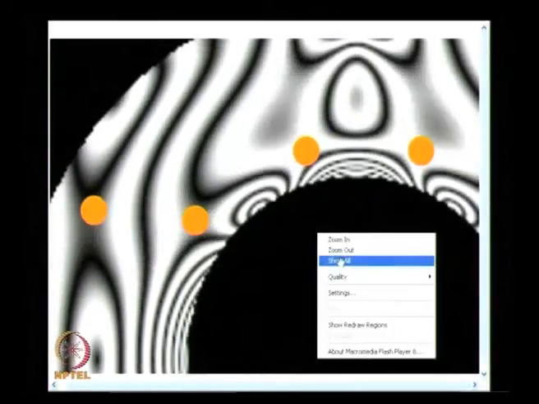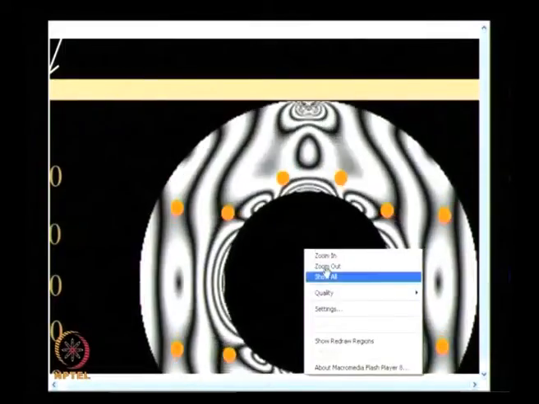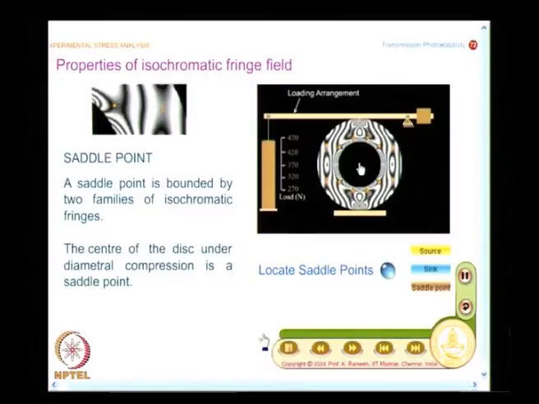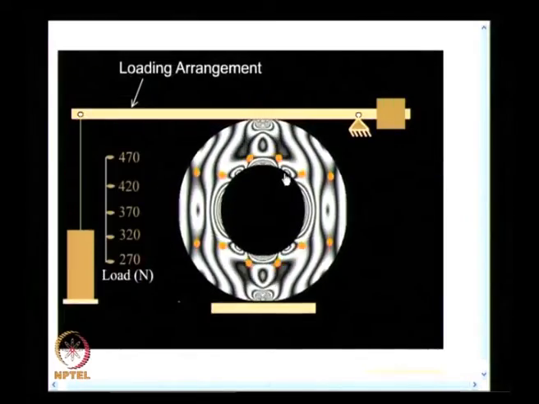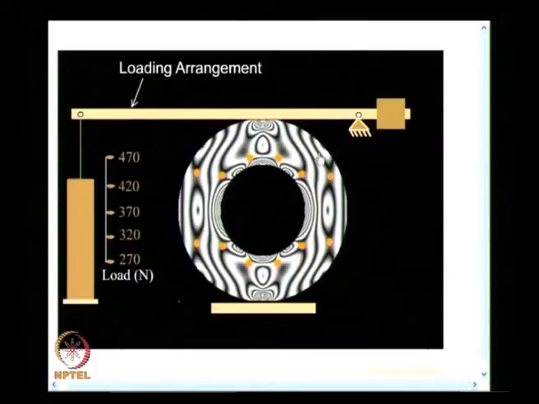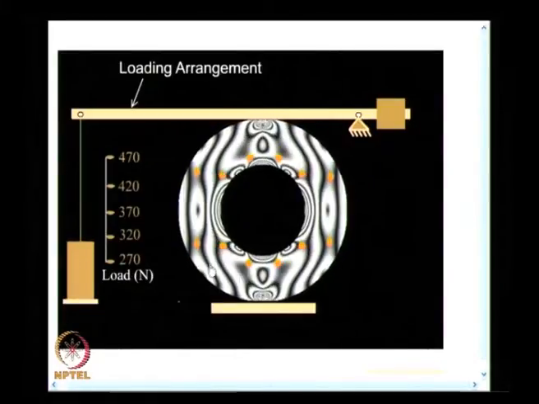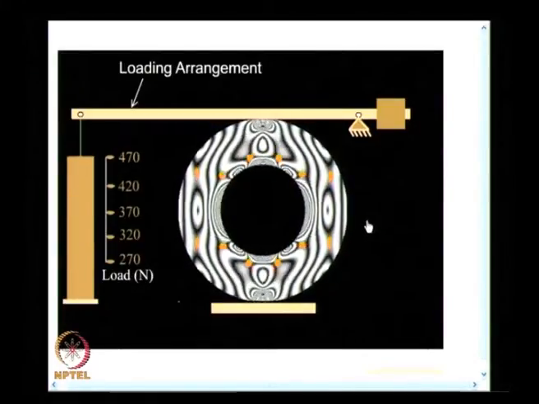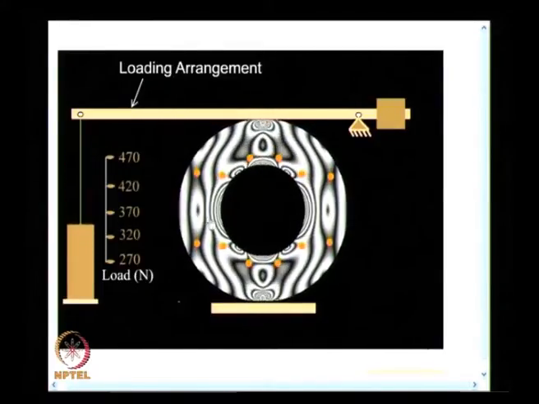And what you find here is, I have 4 points on the inner boundary, 1, 2, 3, 4 and 4 points on the outer boundary, 1, 2, 3, 4, where the fringe order is 0, and the fringe order is also 0 at these 2 points.